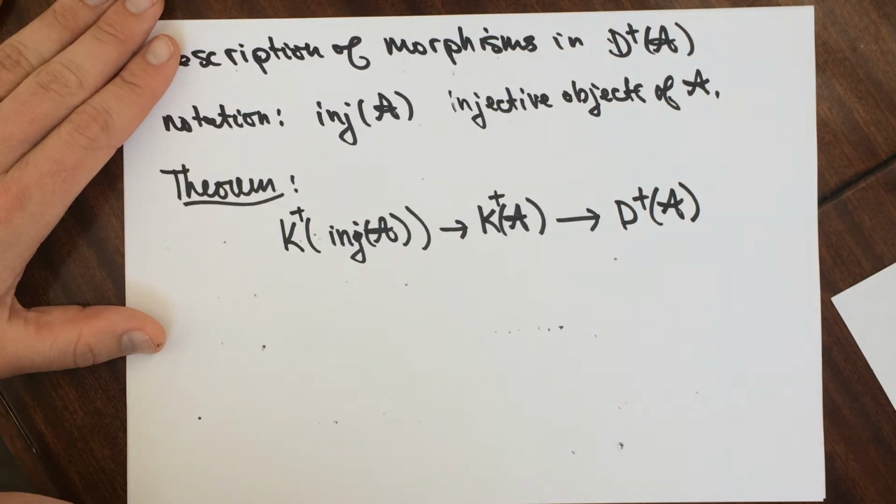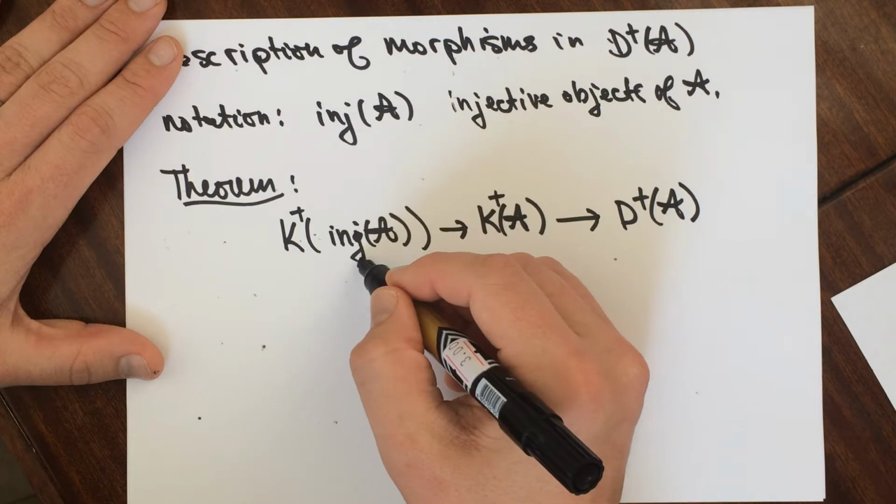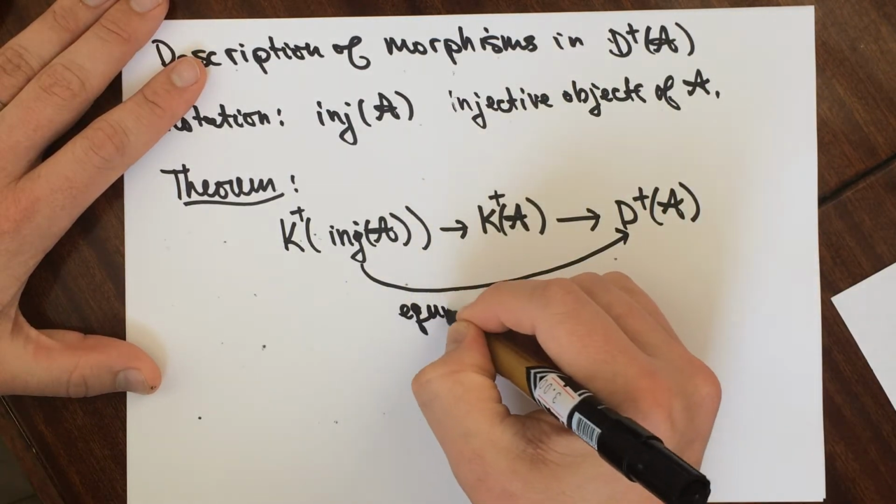It turns out that this map from here to here is an equivalence of categories.